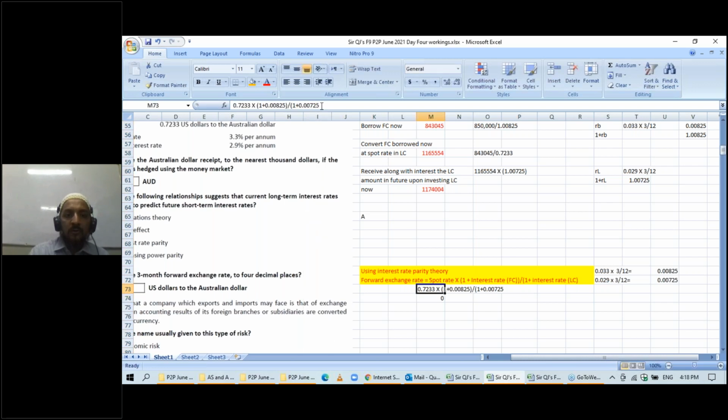So this gives you the forward rate. The forward currency rate is 0.724 according to the interest rate parity theorem. Right.